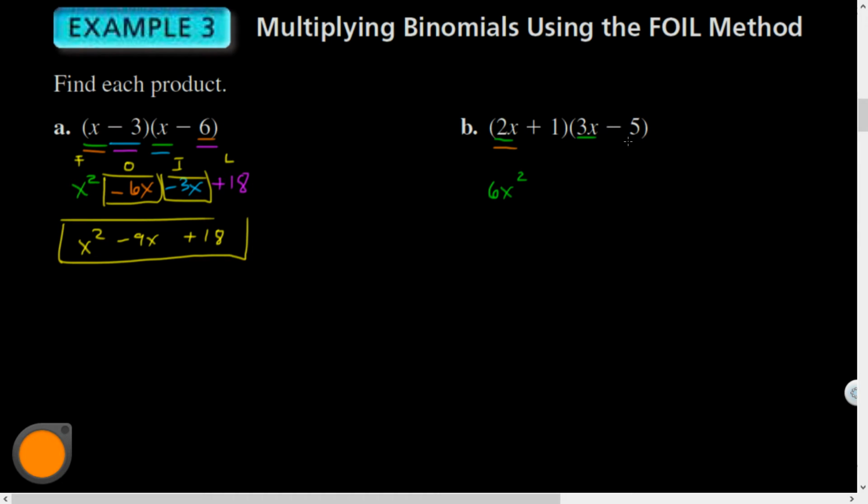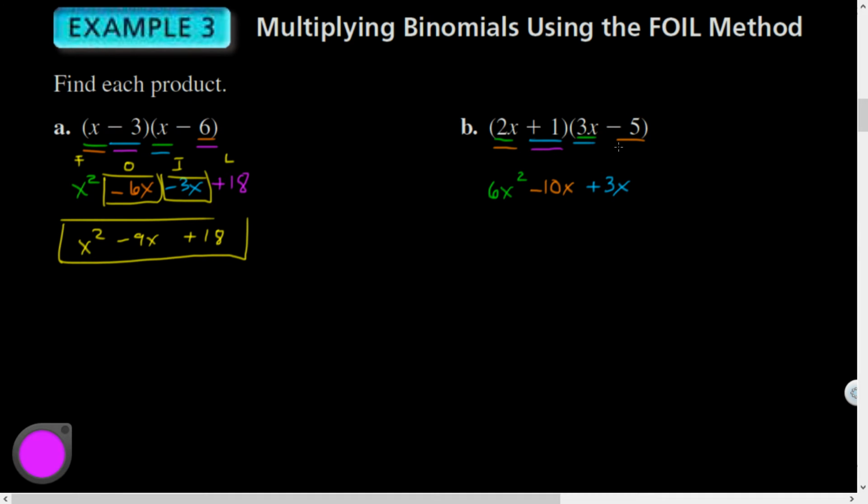Yeah, so the outer, 2 times 5 is 10, and it's negative, and then there's still an x attached. Last.